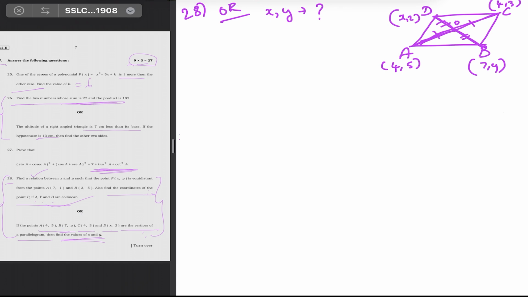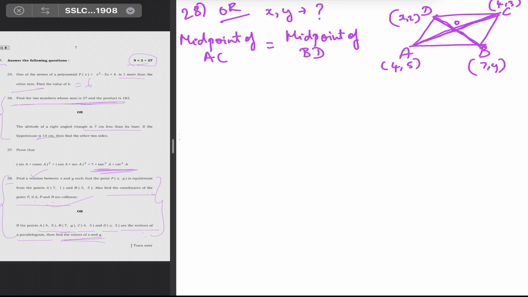So, considering the diagonal AC, where O is the midpoint, the diagonals of the parallelogram bisect each other. What does that mean? Midpoint of AC will be equal to midpoint of BD.